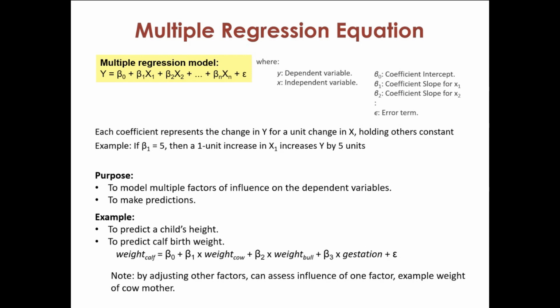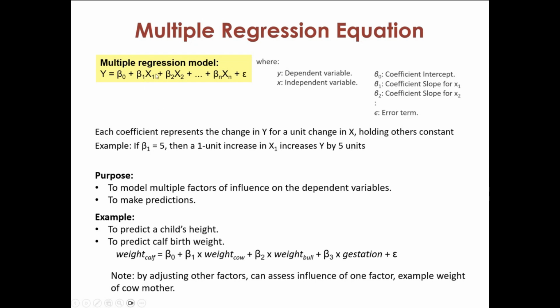As I mentioned just now, in multiple linear regression we have more than one coefficient and more than one independent variable. We still retain the error term because there could always be some factors that we have overlooked.